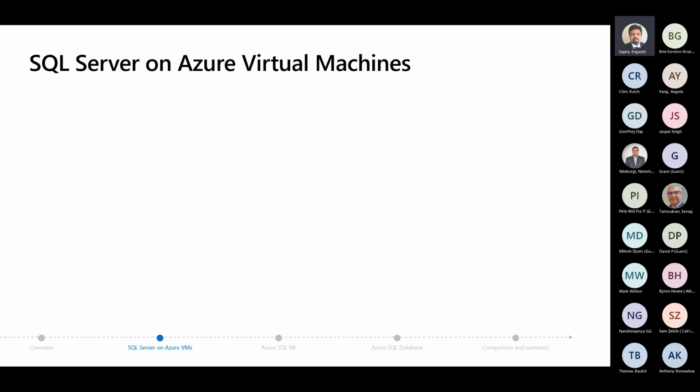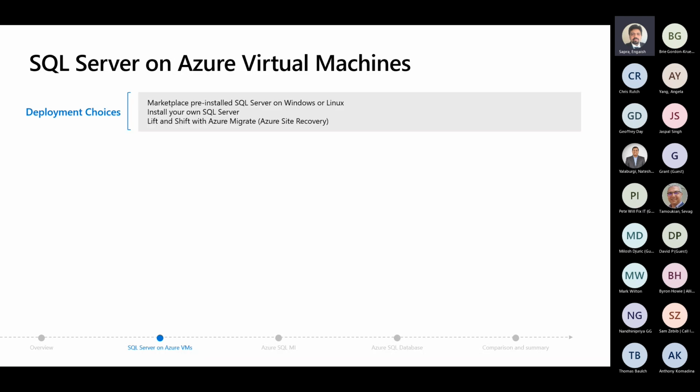A bit more about SQL Server on Azure virtual machines. It's simply SQL Server running on a virtual machine in Azure, and you choose the Azure VM configuration that you need. It is like matching what you have running on-prem as is in an Azure VM.